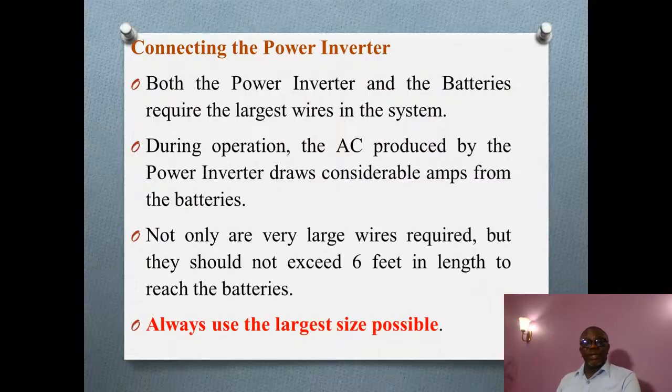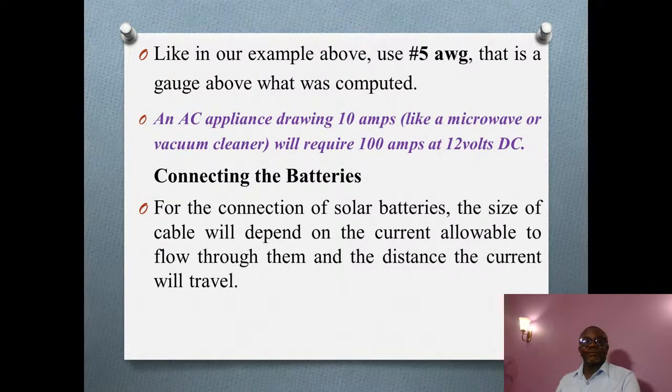Warning: always use the largest cable size possible. Like in our example, we say use number 5 AWG, American wire gauge. That is a gauge above what was computed. When you do that, you will be on the safer side.